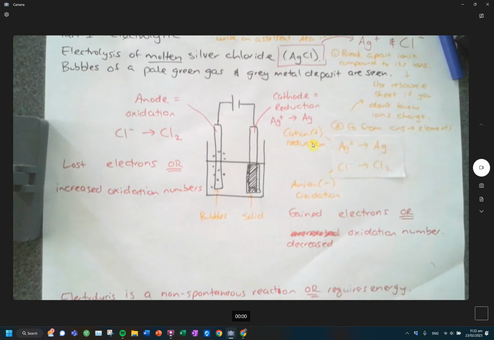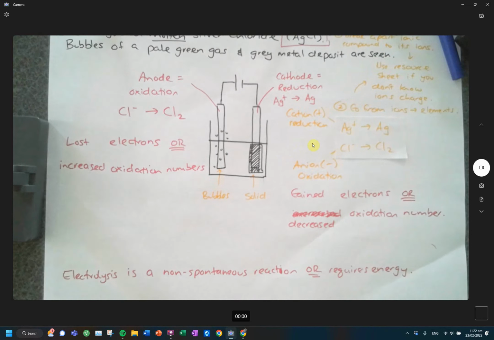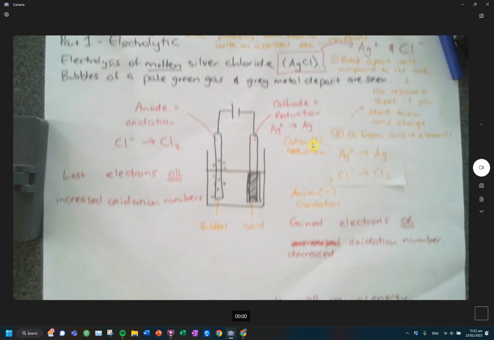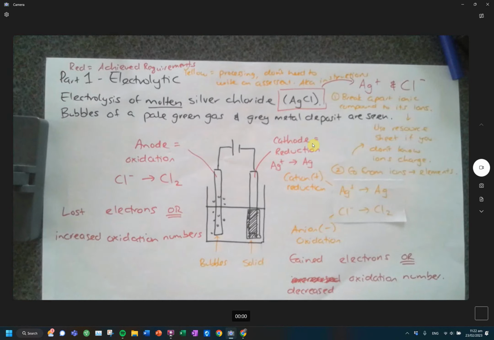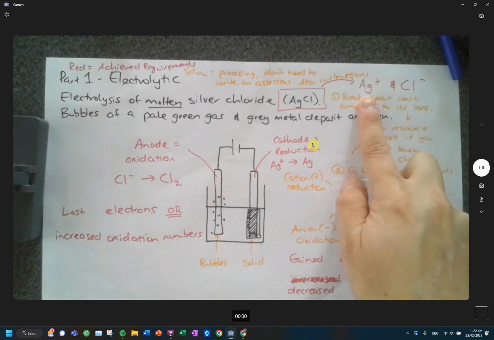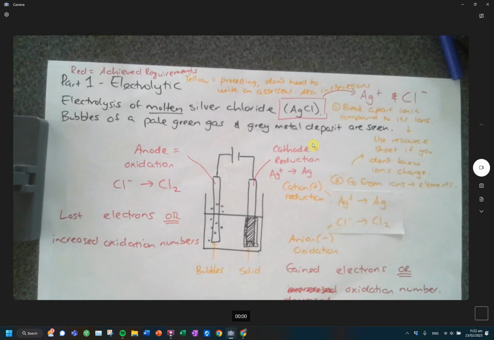The last generic thing you need to write down for all electrolytic cells is that this is a non-spontaneous reaction, or you could write down that it requires energy. Either or, that's enough for the achieved. And the last thing, which is the trickiest, is decoding the example that I give you. Take your ionic compound and split it into its two ions. Whichever is the cation is going to get reduced, because we see a positively charged ion.